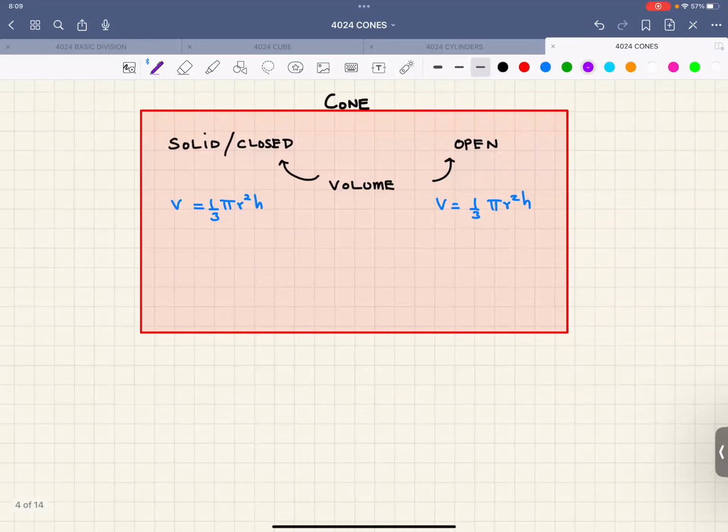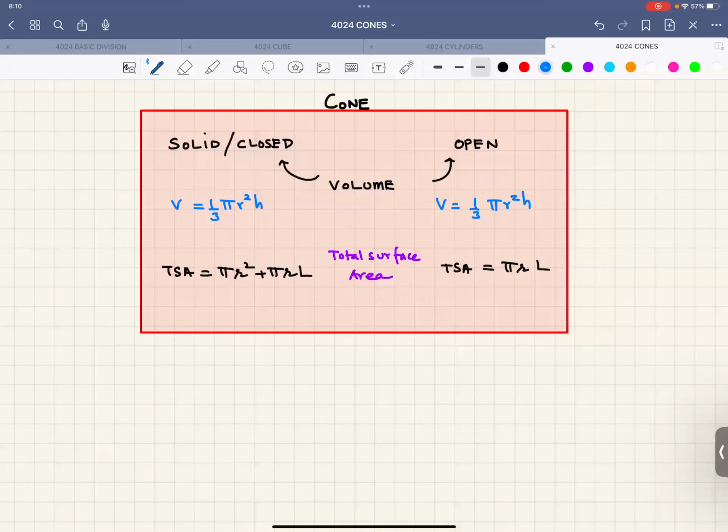When we talk about total surface area, for the closed, it is pi r square plus pi r L. For the open, total surface area is simply pi r L. This is base and this is curved. This is only the curved because there is no base.